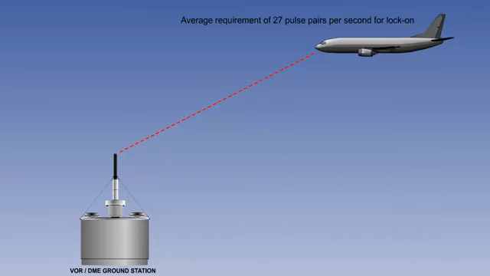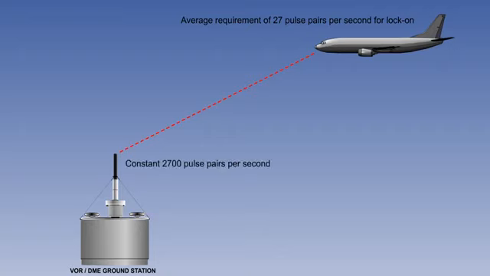It is assumed that 95% of aircraft using a ground beacon will be in the tracking mode and not exceeding 25 pulse pairs per second, while the other 5% are in search mode. This results in an average requirement of 27 pulse pairs per second for lock-on.